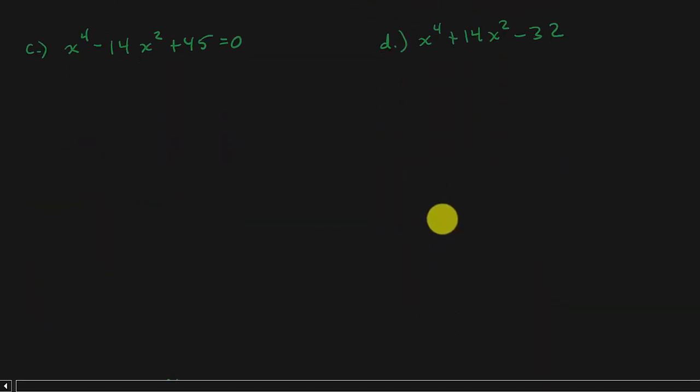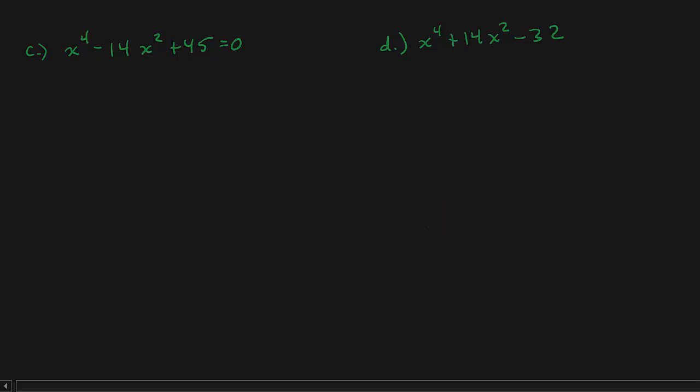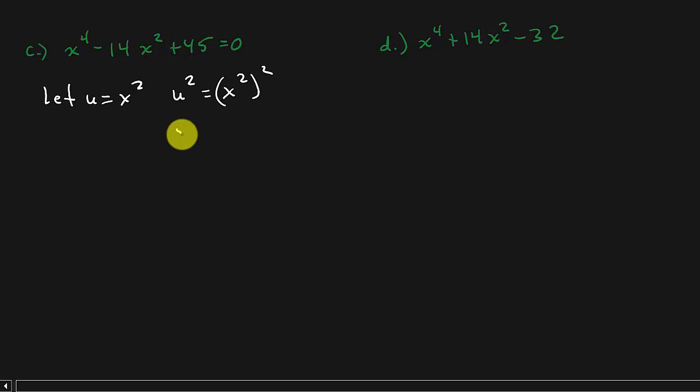All right, now let's look at these. This one looks like it's quadratic in form, right? And it is. Now, if you're taking notes, don't write this down just yet. If I let U equal x squared, the middle term, then U squared is x squared squared, and so U squared is x to the 4th.